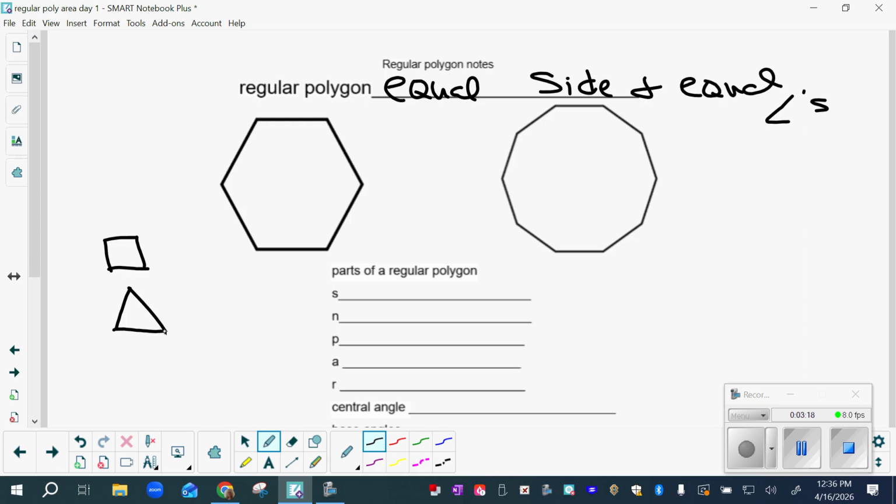You could make art with him, which we do toward the end of the year. He's like a stop sign, right? A perfect stop sign. All of these are regular polygons, and we're going to find the area with them, and there's only one formula. But we've got some new words to learn today, and that's it.